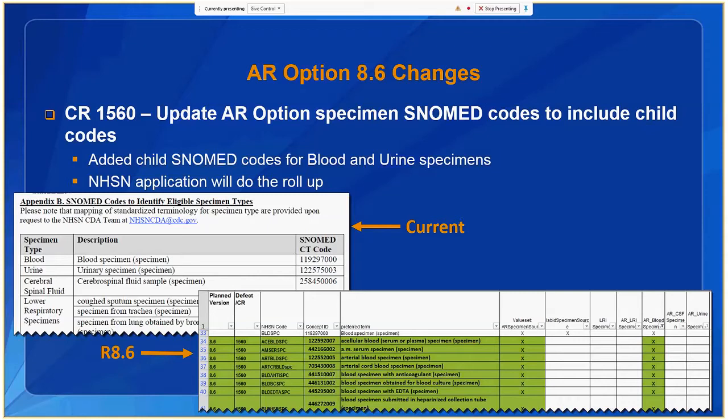With 8.6, we've expanded that list quite substantially. So now there are a number of different specific SNOMED codes for specific specimen types, as you can see in the R8.6 screenshot on the bottom right-hand side of the slide. And again, you can find those specific details in the IDM.